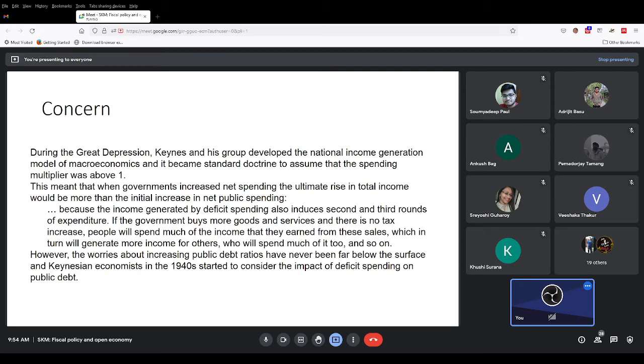But is it always possible to just go on increasing spending without worrying about the budget deficit? You don't have to write this down. You don't need this part of the quotation, the indented part. You can copy down the first 5 lines and the last 3 lines.